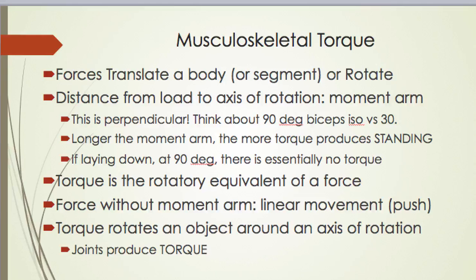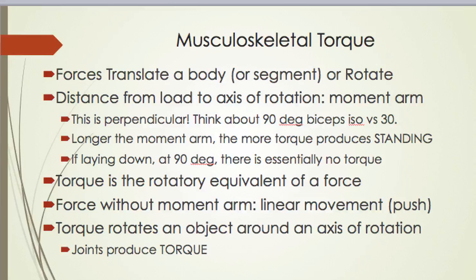So musculoskeletal torque can either complete translation of an object or a body, or rotation, as we talked about before. If we stand and we push a cart, that would be translating the cart by using our muscular force, or we can simply rotate or move our joints, which occurs around an axis of rotation. So the distance from the load to the axis of rotation is called the moment arm.